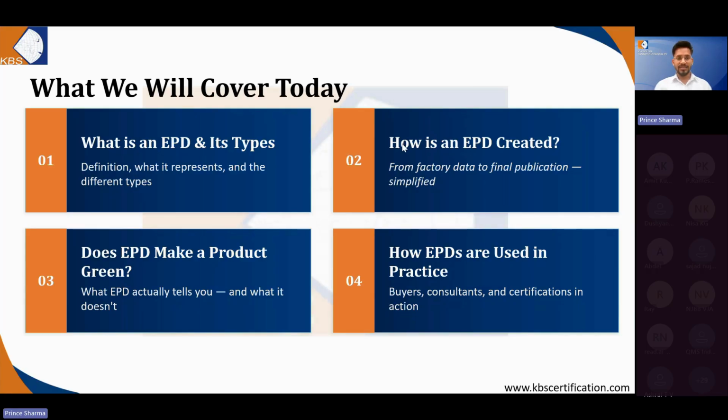That is something we will also discuss, because it is a pain point for people who always misunderstand that EPD is always for sustainability. We will also discuss how EPDs are used in practice. So these are the 4 points that we will be discussing for the day.